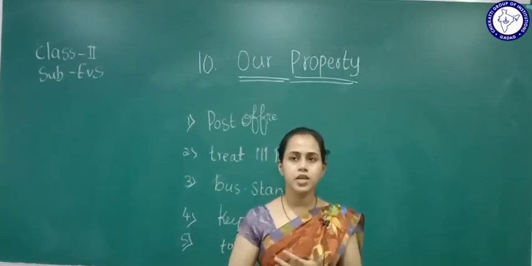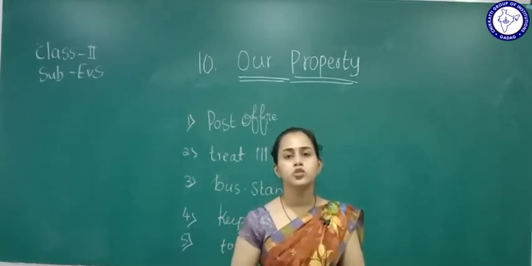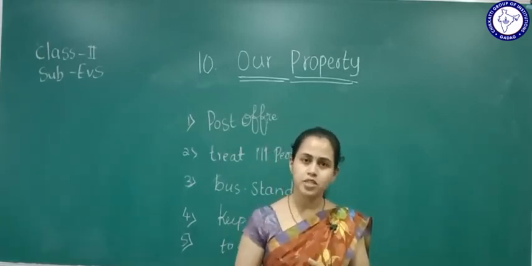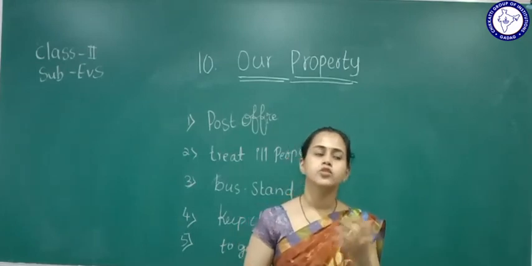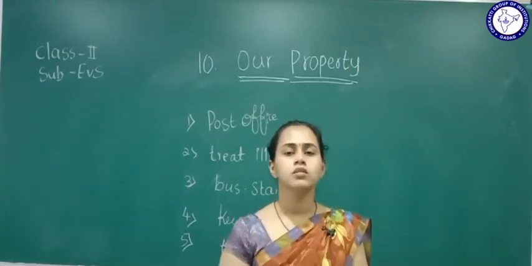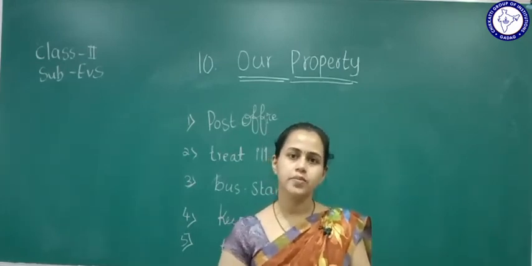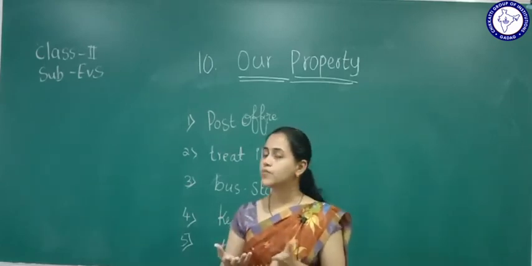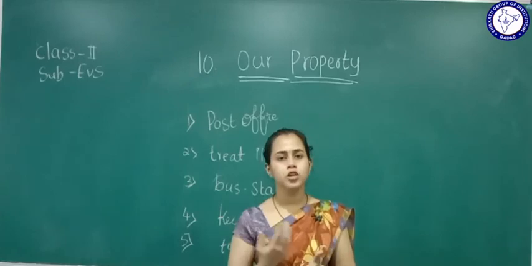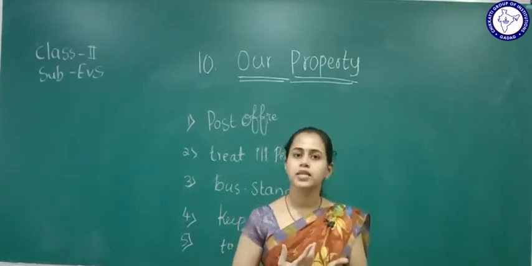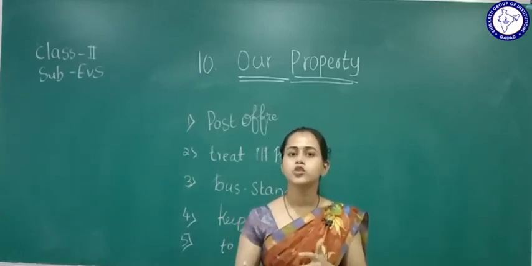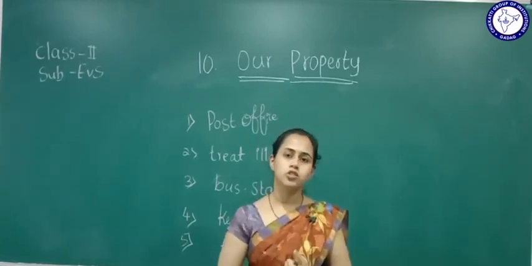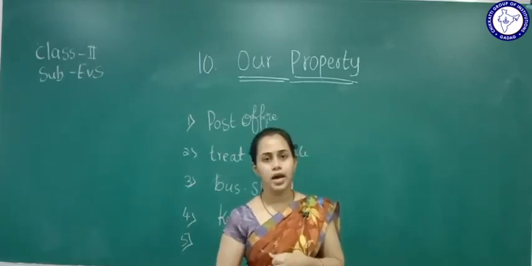They have given us many things, so we should not damage them, and we should not waste them unnecessarily. Public property is our property, it's for ourselves, so we should use it in a correct way. This is all about today's class, our property.